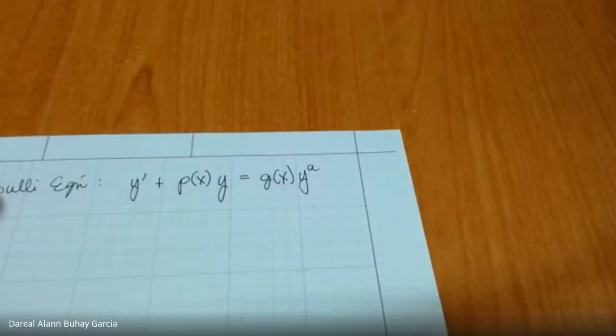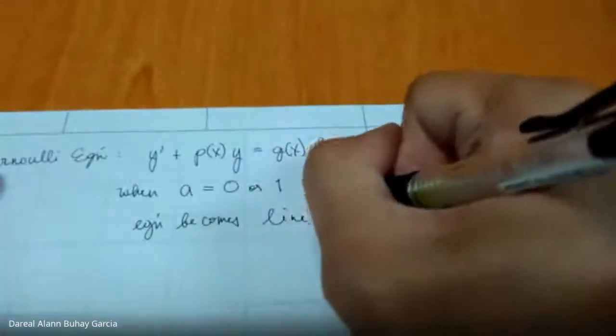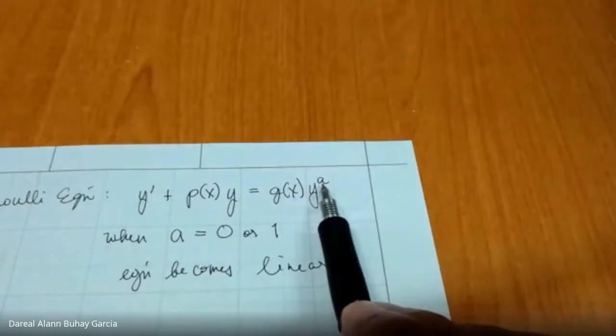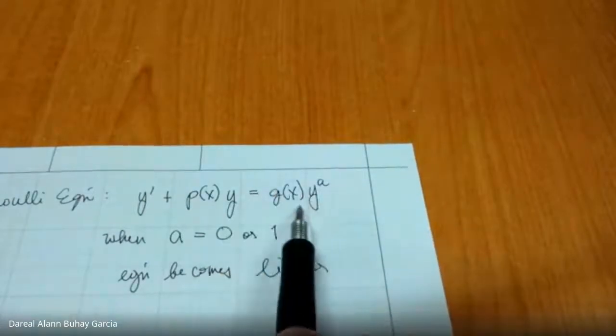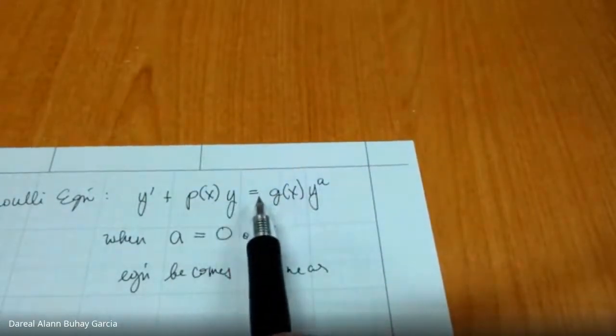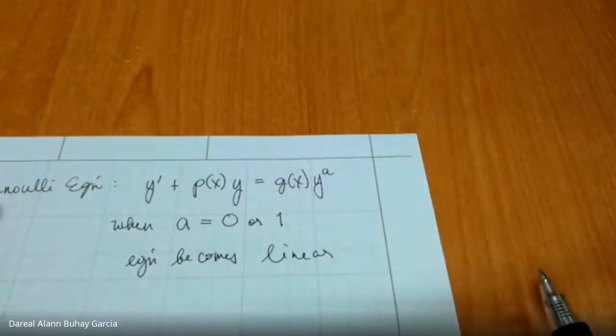And that's it. Now, when a is equal to 0 or 1, our given equation becomes linear. Try to imagine if this is 1: we could transpose this to the other side, combine the y's, and we have a homogeneous function, still a linear homogeneous function.